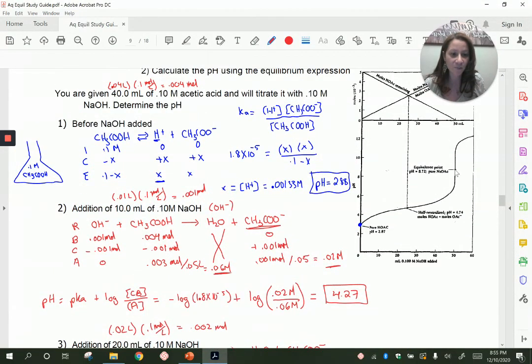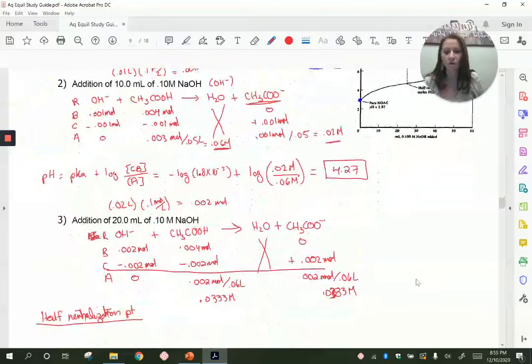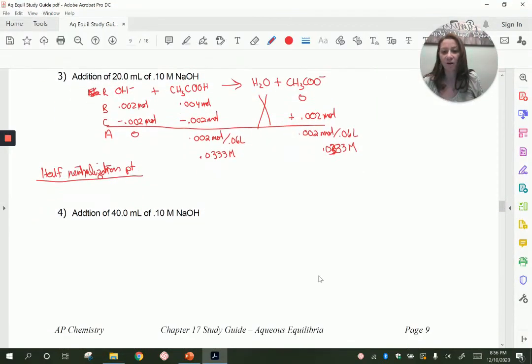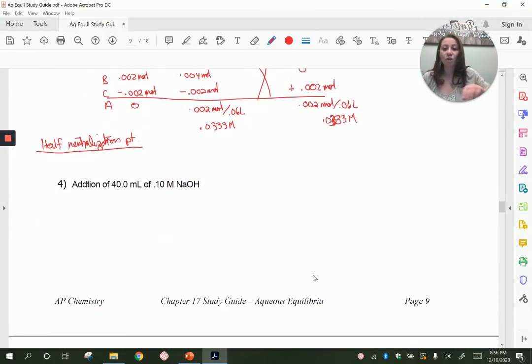So if this is my equivalence point, and this graph here is not correct, it should be 40 mL that we would need. We've added 20 mL. So we are half neutralized, which means the pH is going to equal my pKa.